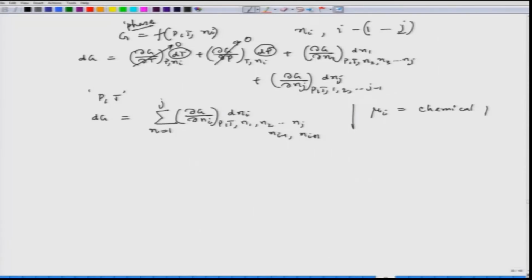So, this mu is also called the chemical potential of the ith component in that phase, measured in joules per mole.